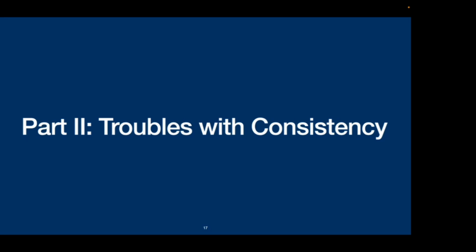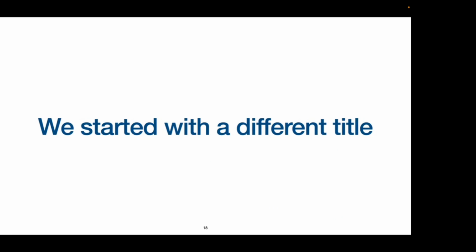But I wanted to present it UNSOUND because in the related work section we have one very big open problem, which has to do with the problem of consistency. So when we started writing the paper, we started with a different title.